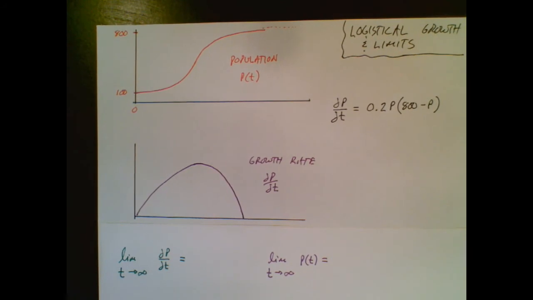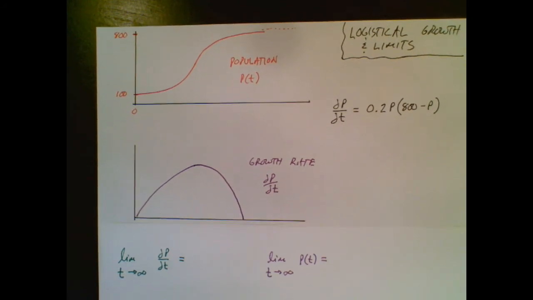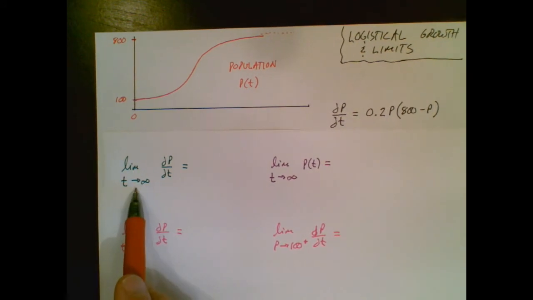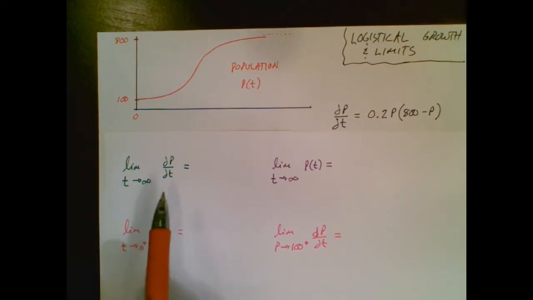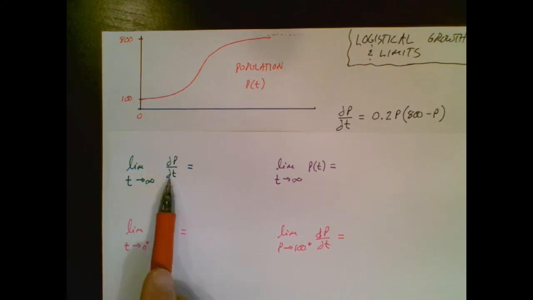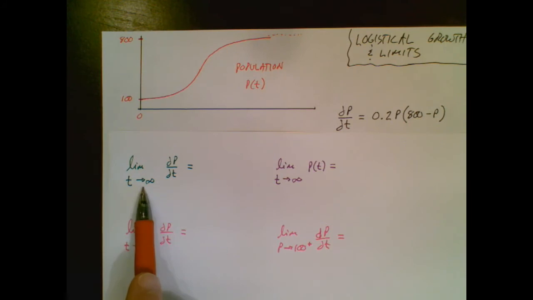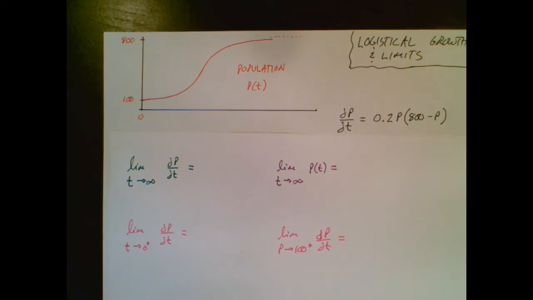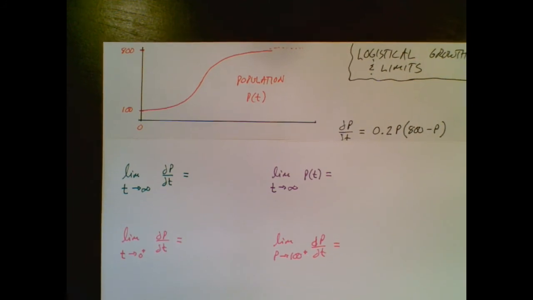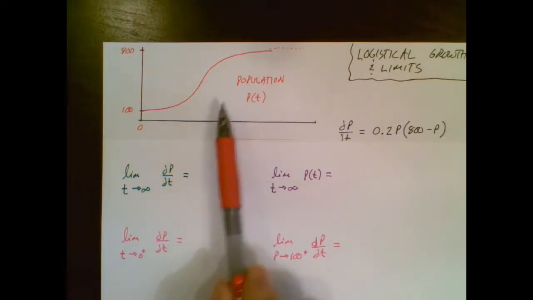So let's start with this very first question. The limit as t approaches infinity of dP/dt. If I had to convert that into English, I would say, hey, what's the growth rate closing in on as I head out to infinity? Well, I can think of that in a couple of different ways, but probably the easiest way is just to look at this graph.